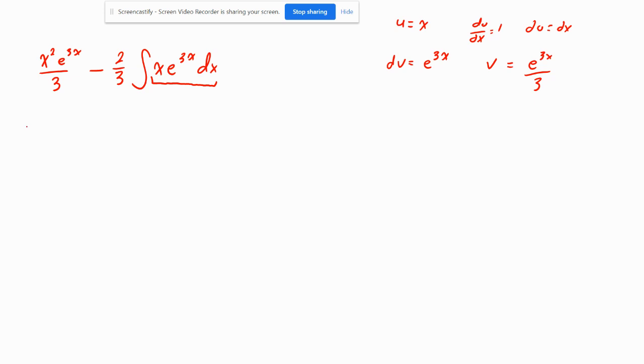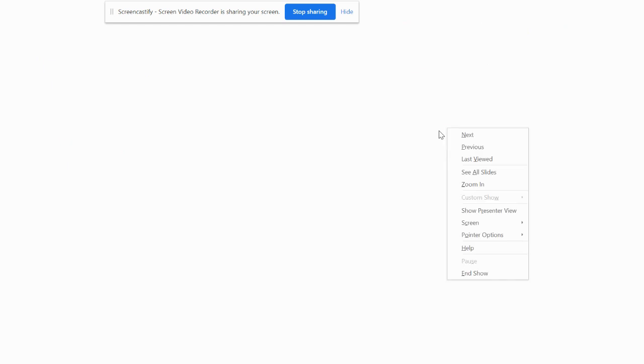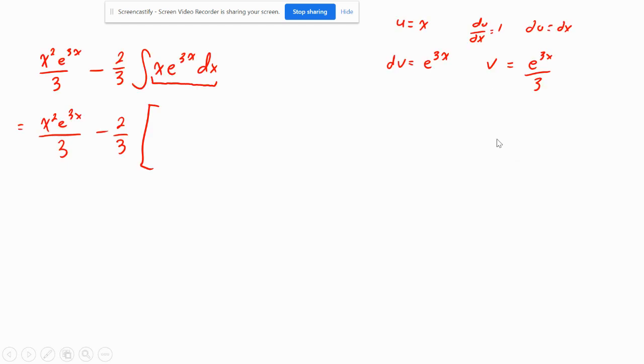So what we have here, this part stays the same. We have u dv equals uv minus the integral of v du. Here's our u dv: it's this part here. uv becomes x e to the 3x over 3 minus the integral of v du.